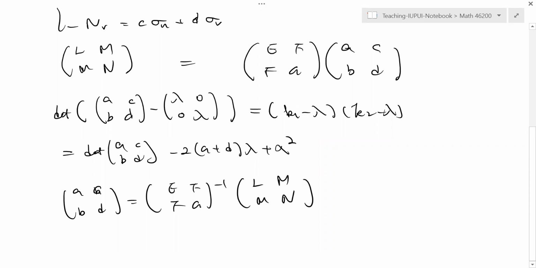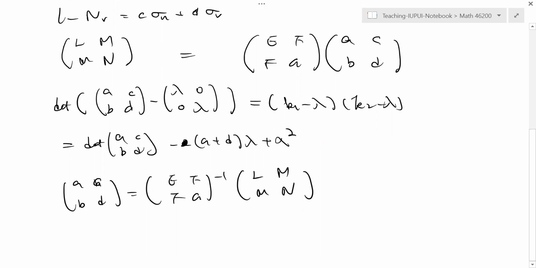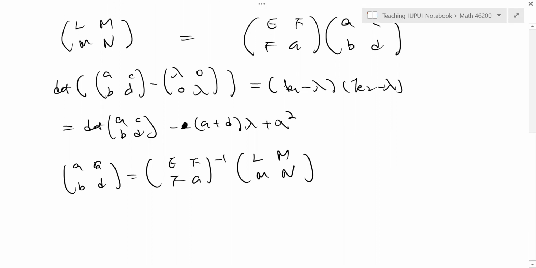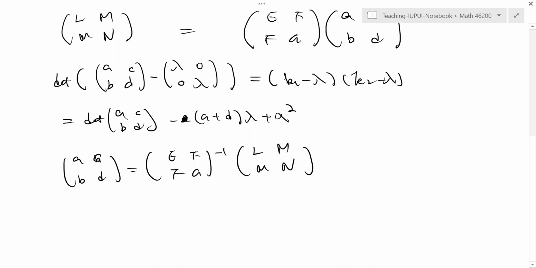Now there is no twice the trace. So you can find the determinant, and you find the trace using this form.